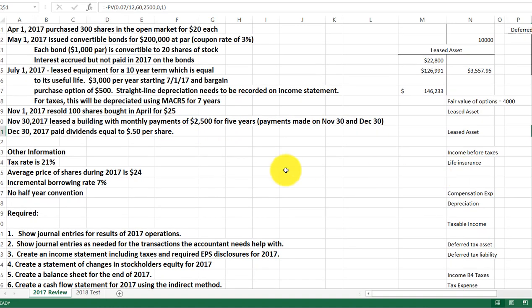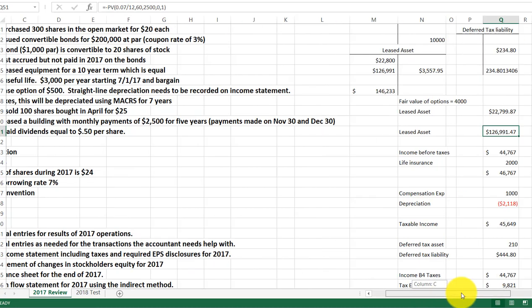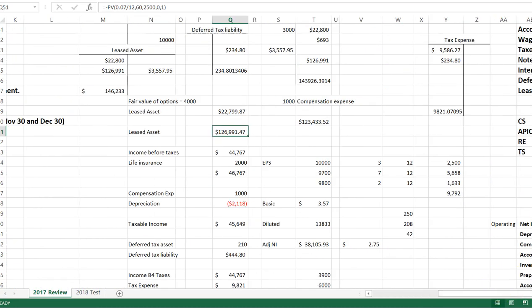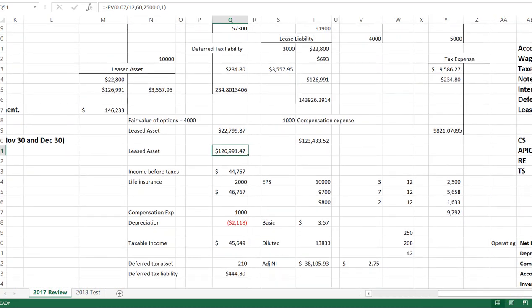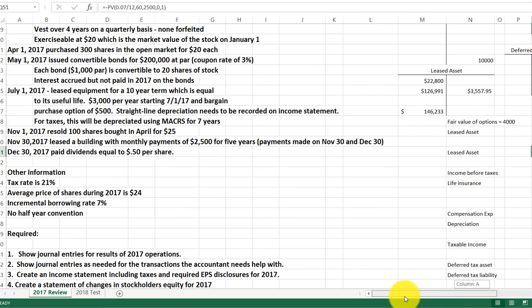So we've done the journal entries for both. We're going to need to do the income statement. So we look to the amounts, all right, to do that. Before we get to that, this lease here is going to have two payments. We need to record both those payments.